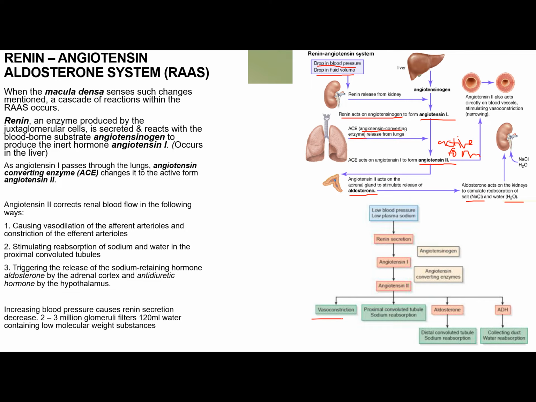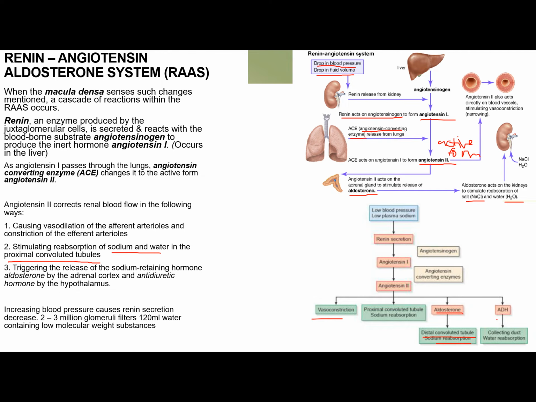So there is vasoconstriction, PCT, reabsorption of sodium. Please remember this, class: sodium and water are absorbed in the PCT. Then aldosterone would cause DCT tubule reabsorption. Please take note of that. In the PCT it is just sodium reabsorption, but when it is related to aldosterone, the sodium reabsorption happens in the distal convoluted tubule.